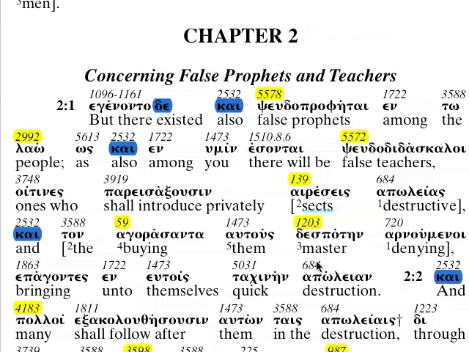These types of heresies, sects. I don't believe he's talking about the differences between Baptists and Lutherans and things like that, sectarianism, because they don't deny Christ. So here he's getting into ones denying Christ, and they're false prophets.